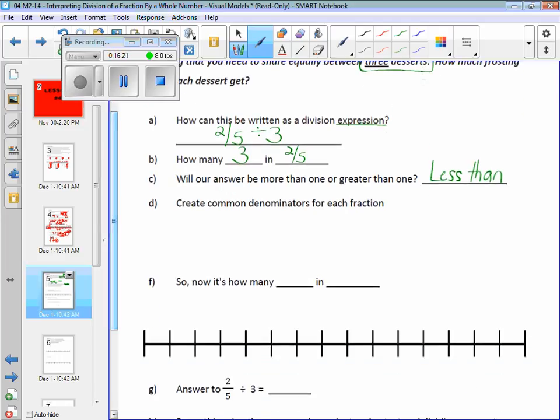When you find a common denominator, you need to first write your original expression, which is 2/5 divided by 3. However, 3 is a whole number, and I need to make it into a fraction. And how do I do that, Louis? What happens to the 3?